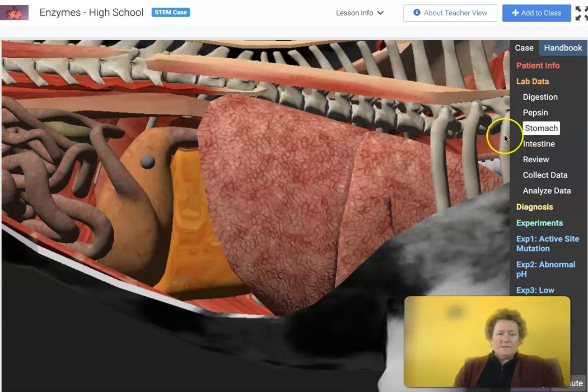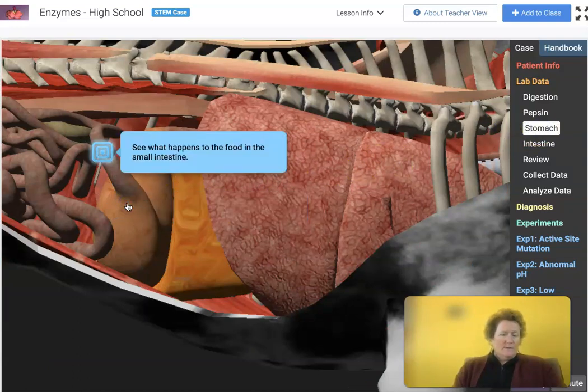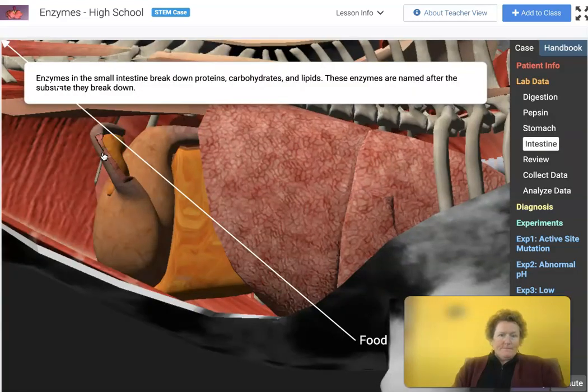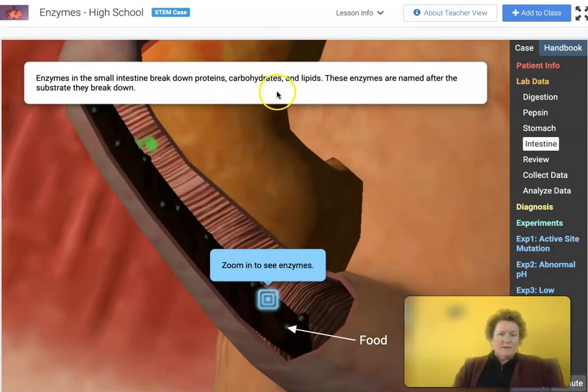Once it leaves your stomach, food goes to the small intestine in Claire and in people. Let's see what happens to the food in the small intestine. Enzymes in the small intestine break down proteins, carbohydrates, and lipids. These enzymes are named after the substrate they break down.